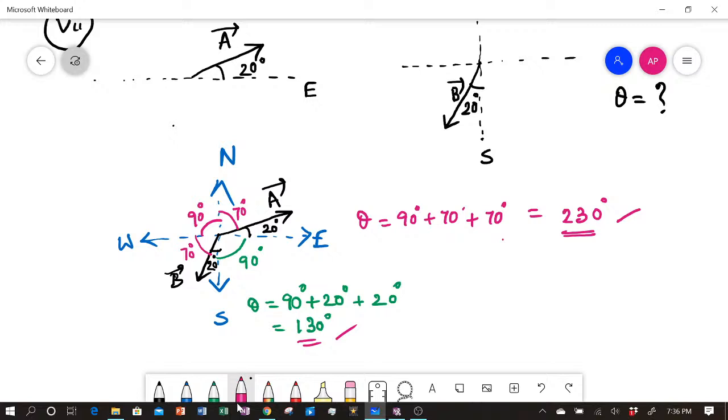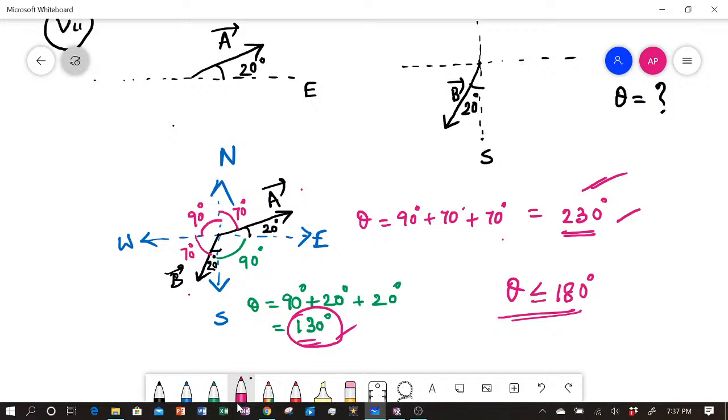Now, why is it not 230 and why is it 130? See, 230 degree is also the angle between A vector and B vector, and 130 degree is the angle between A vector and B vector. Now, which one should we take? We take the smaller one. That is, theta should be less than or equal to 180 degree.